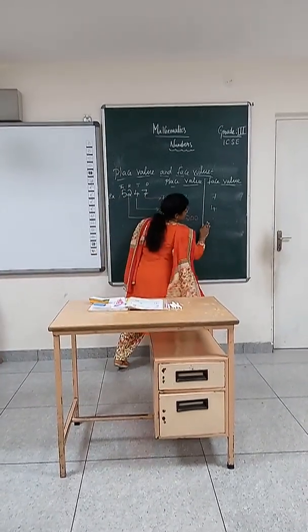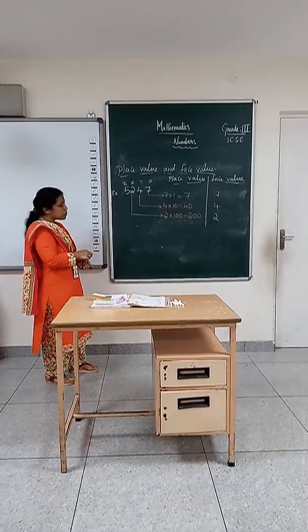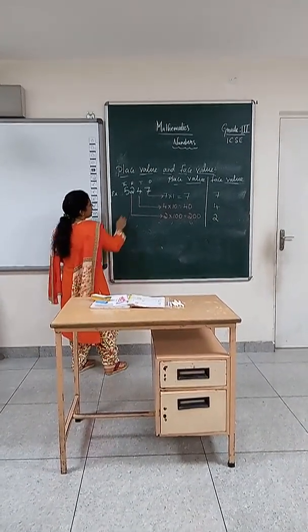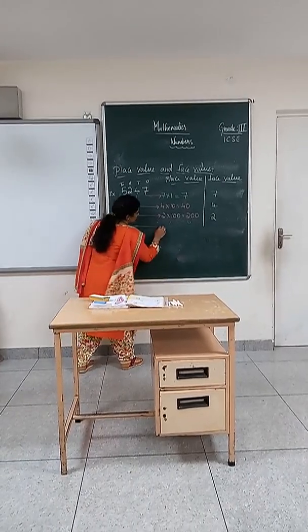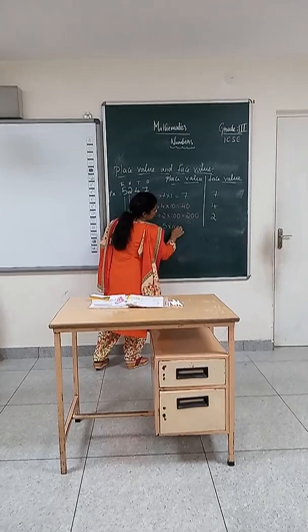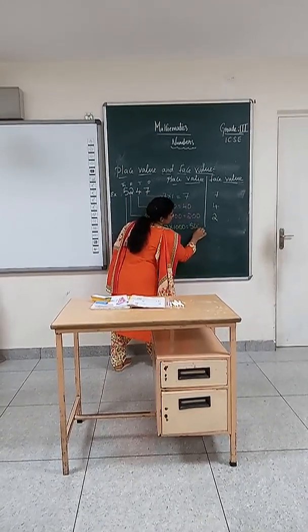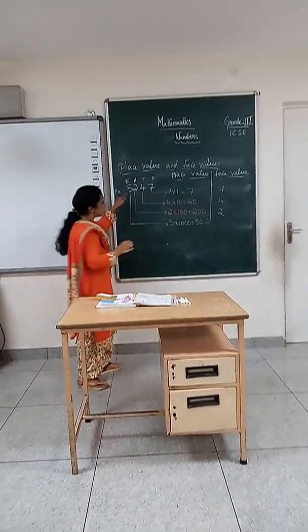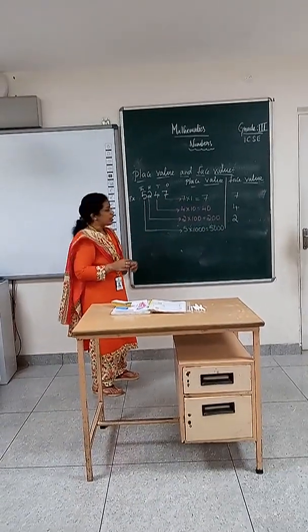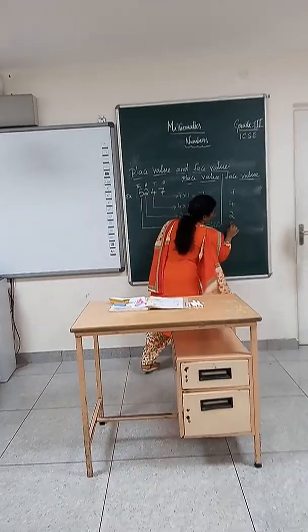Once again it will be 2 itself, irrespective of its position. Next we come to 5. 5 into 1000 forms 5000. The place value of 5 is 5000 and the face value of 5 is 5.